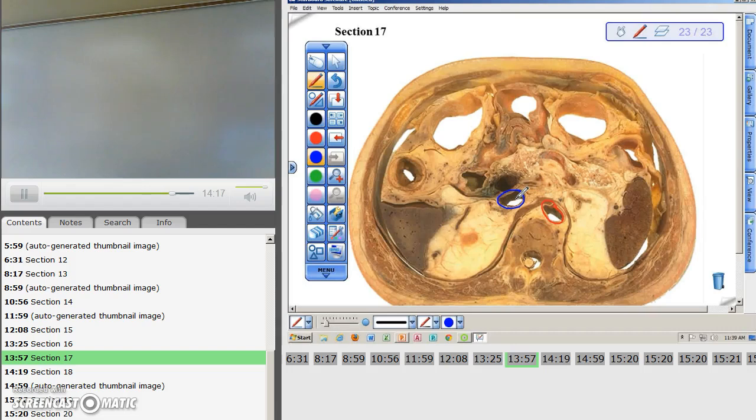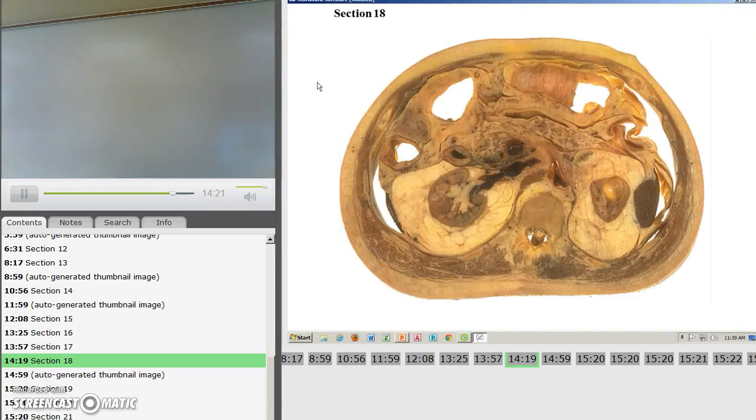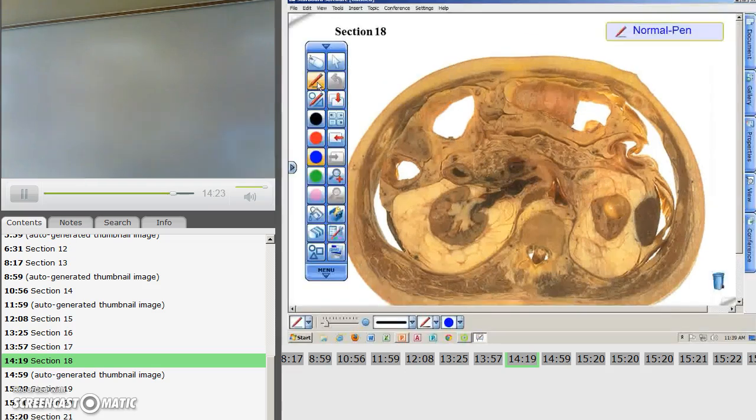All right. And section 18. They want descending aorta. Can you see it on there? Change the color up on you a little bit. Descending aorta. And then we have the right and left renal veins connect to the inferior vena cava. All right, so we've got to find the inferior vena cava.